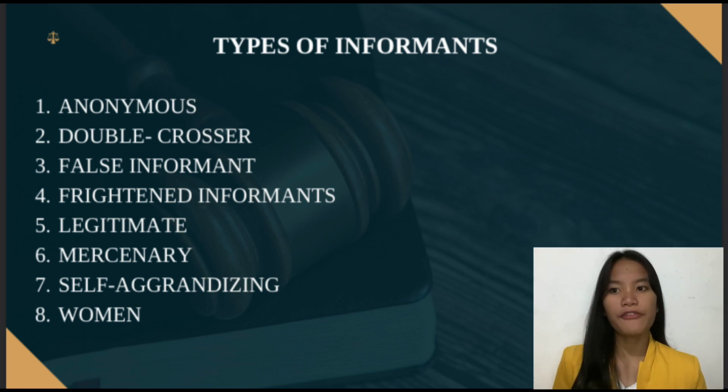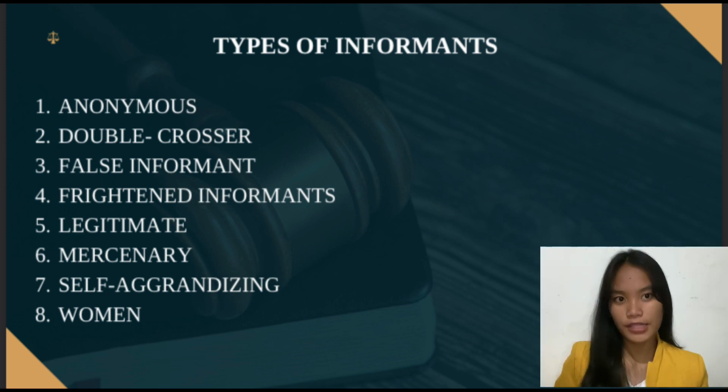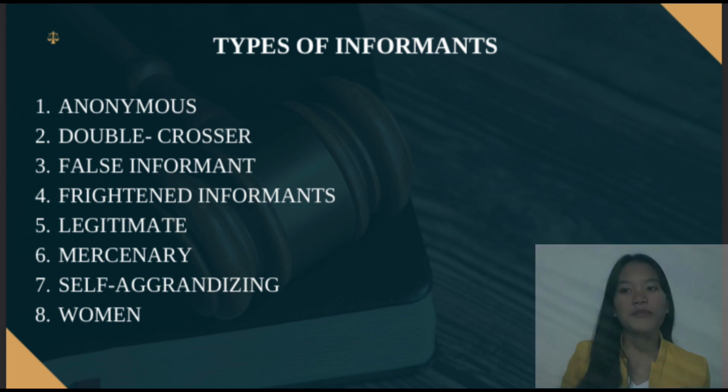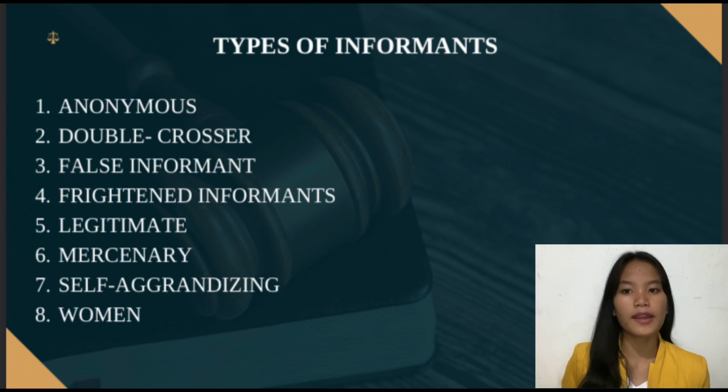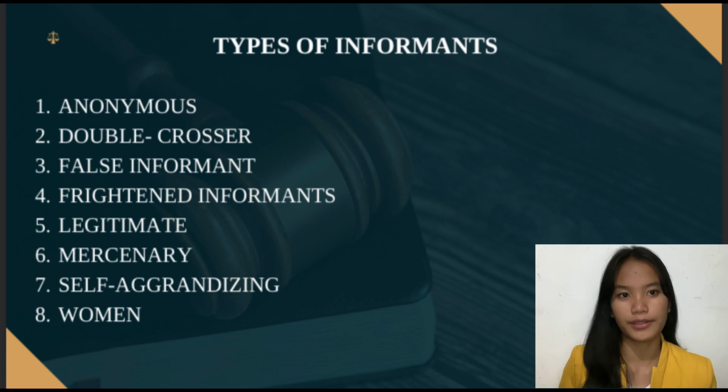And also, we have frightened informant. So these types of informant give information because they are motivated by fear and anxiety. And we have legitimate informants. So these are those informants who provide information voluntarily to the police. The mercenary informant, so these are the type of informant who sell the information.